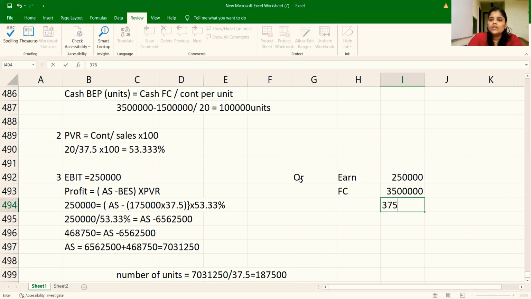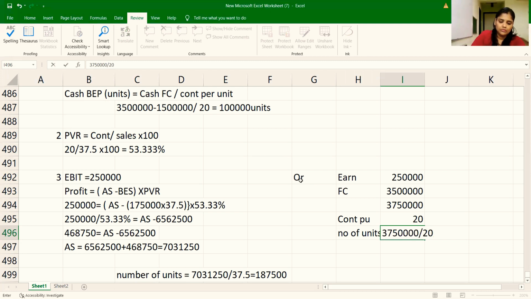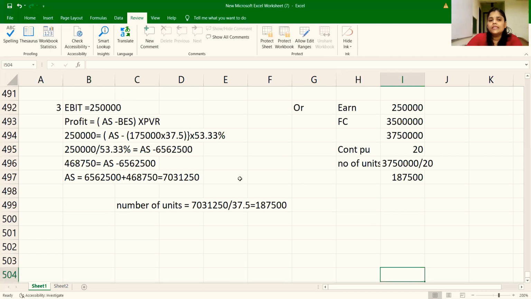So you need to cover 37,50,000 rupees. And what is the contribution per unit? Contribution per unit is 20. So what is the number of units you are going to sell? 37,50,000 divided by 20, 1,87,500. So students, you can see if you know the logic, the work is done easily.